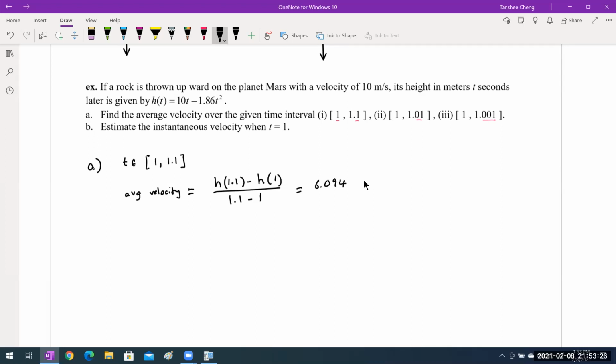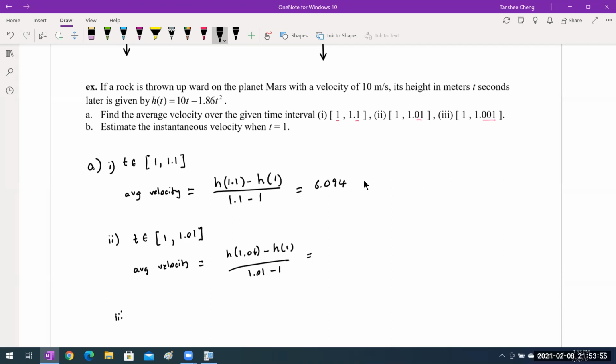What we need to do is repeat this for the next two intervals. The second one is the time interval from 1 to 1.01. Again, that will be the average velocity: h of 1.01 minus h of 1, divided by 1.01 minus 1.